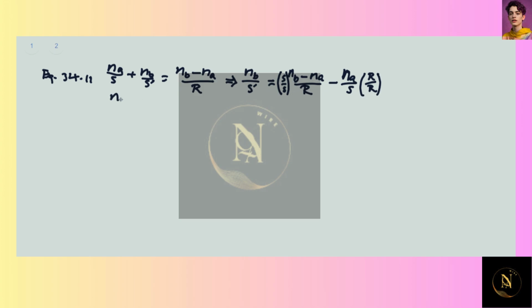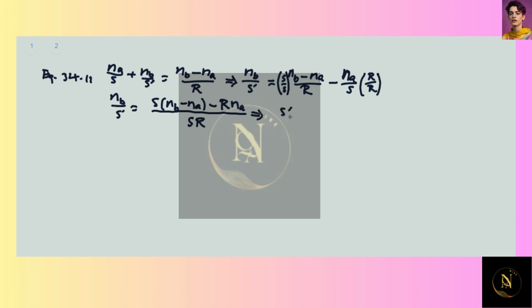So then I have Nb over S prime is equal to S times Nb minus Na, minus R times Na, over S times R. And let's just take the reciprocal of these things.